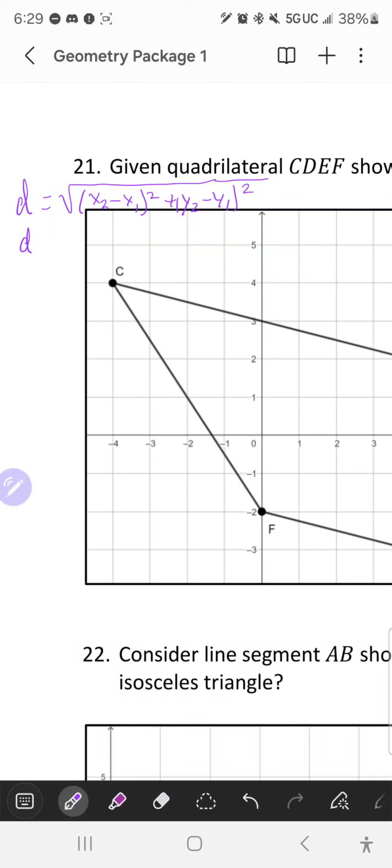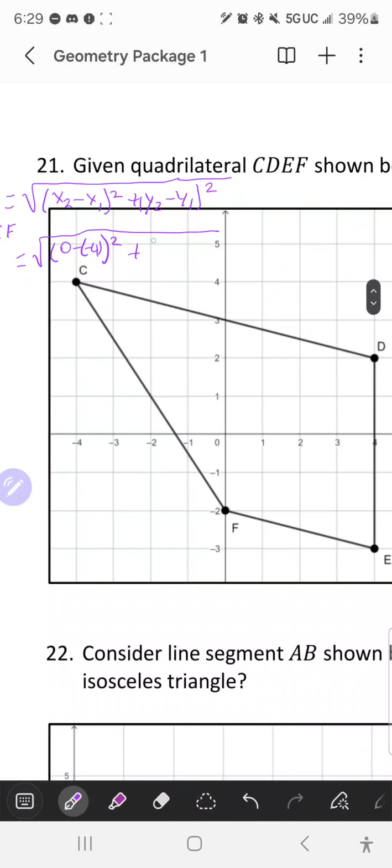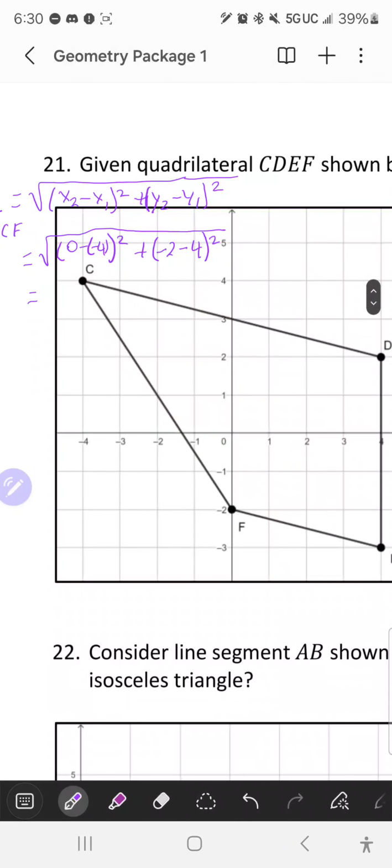When we substitute for CF, CF equals the square root of (x2 is 0 minus x1 is minus 4) squared plus (y2 is negative 2 minus y1 is 4) squared. So 0, minus and minus is plus, and 0 plus 4 is just 4.